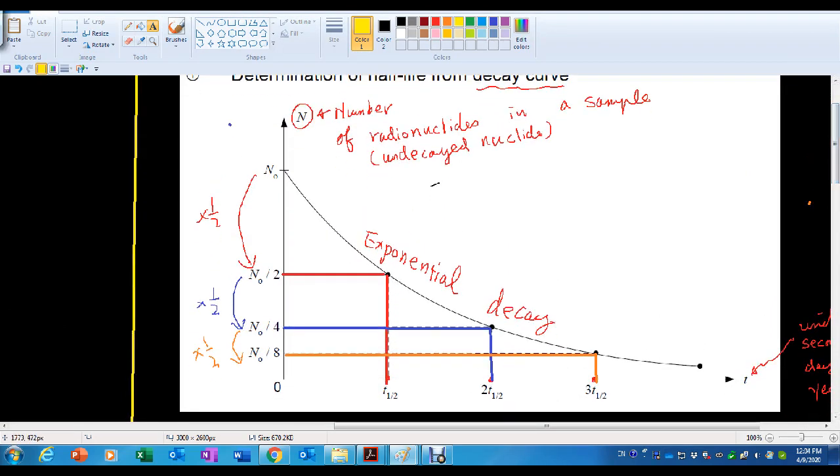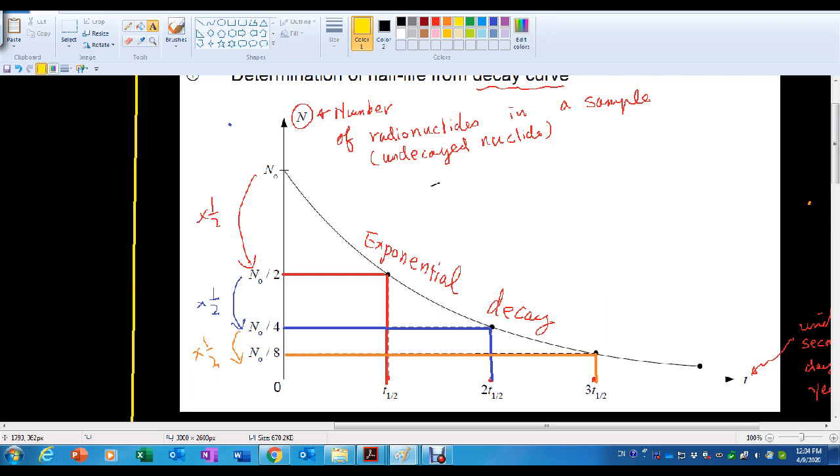When something decreases each time by 50% of the amount one half-life earlier, you are going to see N naught, half N naught, a quarter N naught, 1/8 N naught, and the next one 1/16, right?